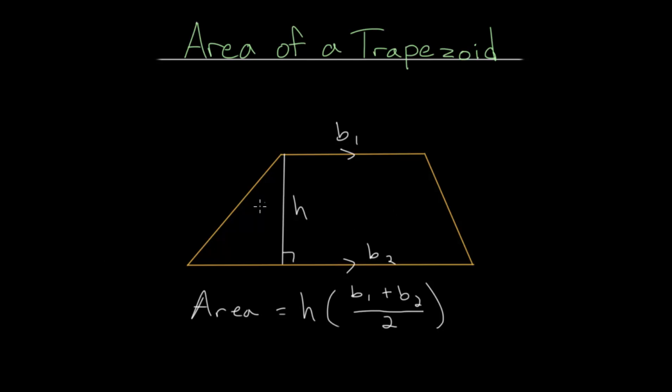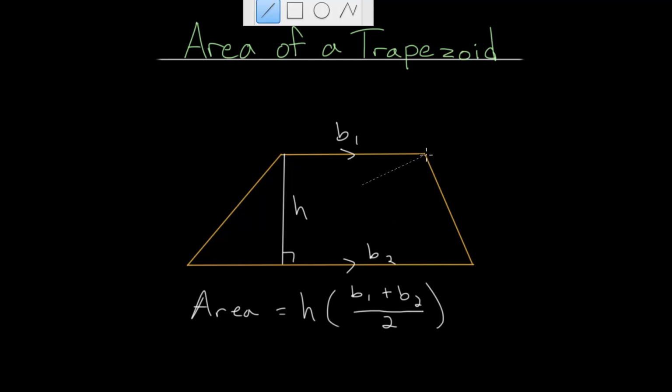So instead of breaking this trapezoid up into the two triangles and the rectangle in the middle, we're going to split this into two different triangles and then just add their areas together. So our first triangle, we want to use base 2 as its base and h as its height. So we can draw the triangle across like that. Or we could split it the other way if we want.